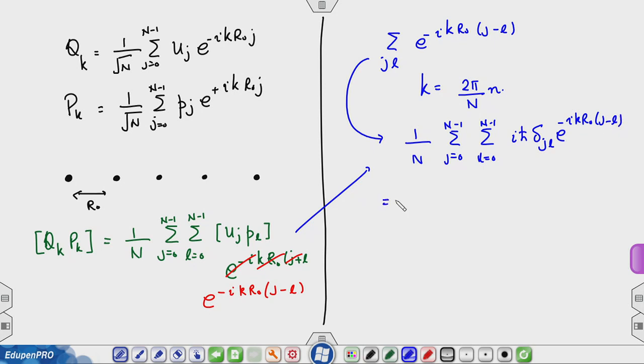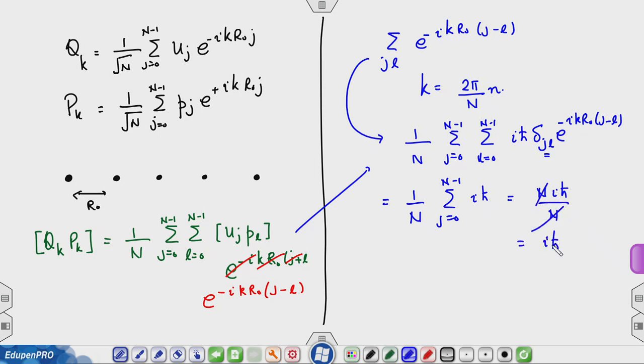Sum over L, this is going to be 1 over N summation j equals 0 to N minus 1. Delta_jL forces j to be equal to L. So, i h cross times 1, and this is nothing but N i h cross over N. This cancels and this is i h cross.